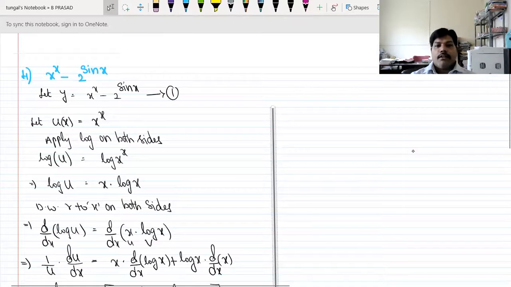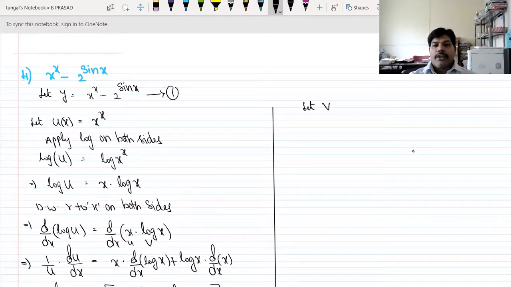Let v of x be the second function, which is nothing but 2 power sin x. I am not going to apply the log here.